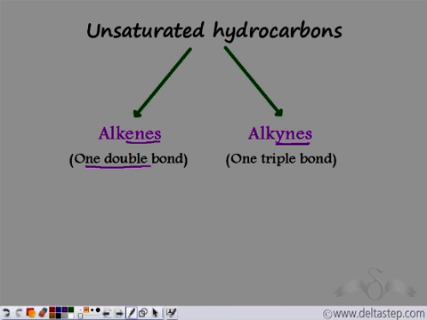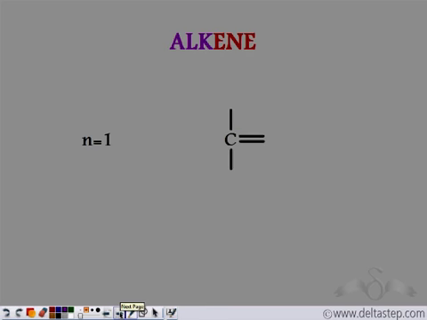Let's take alkenes. Alkenes are the hydrocarbons which contain one double bond. In this case, there is one double bond being formed, and to satisfy the octet, the carbon has to form 2 other covalent bonds. Since we are talking of hydrocarbons, all these spaces are to be occupied by hydrogen atoms. Hydrogen occupies this space and this space.